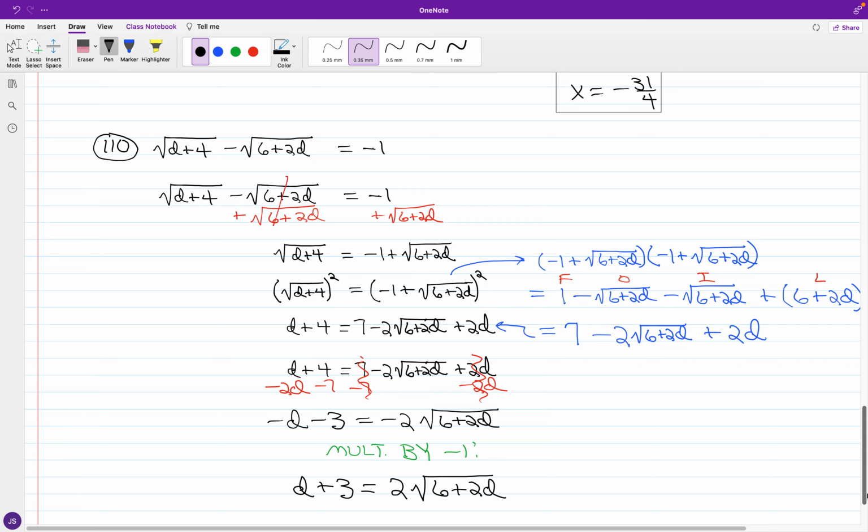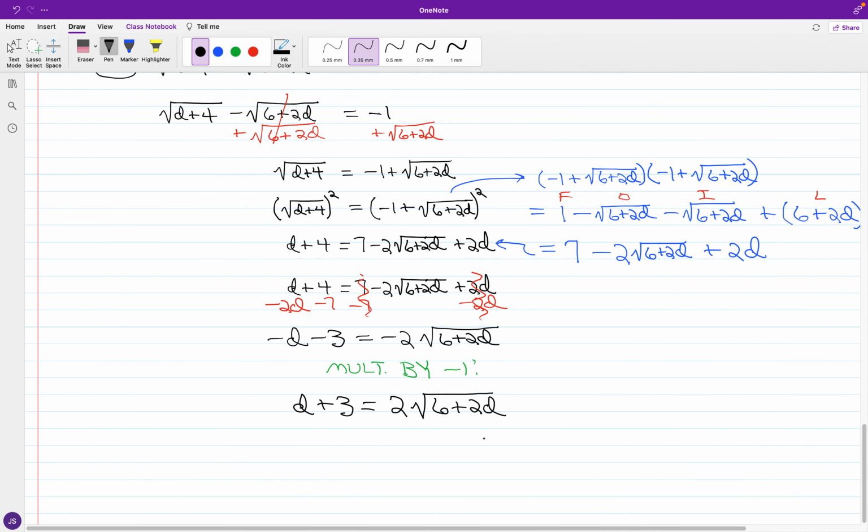All right, now I can technically divide by 2, but I'll be looking at fractional coefficients. And if you want to stick with just the whole numbers or the integers, I can just go ahead and square both sides.